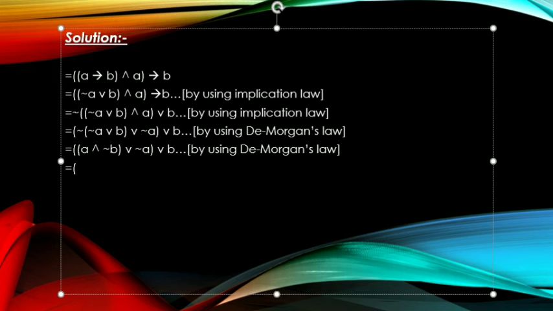Bracket open, A or negation A, bracket close, and bracket open, negation of B or negation of A, bracket close, one more bracket, or B, here by using commutative law.